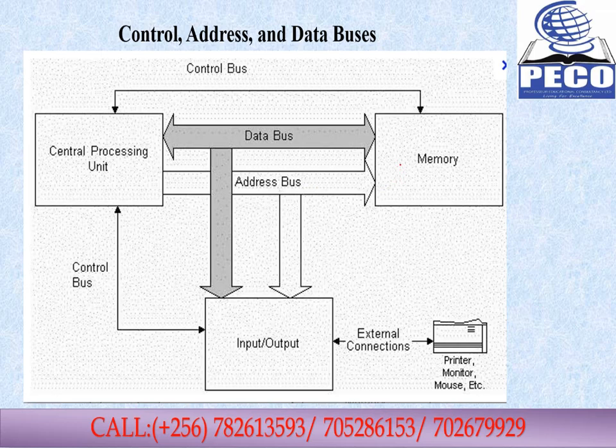But when the actual data is located, it will use the data bus to go to the central processing unit for processing, and it will use the same bus to come back as feedback to main memory. Then we have the control bus, which provides control to different components within the machine. Then let's look at the system clock.